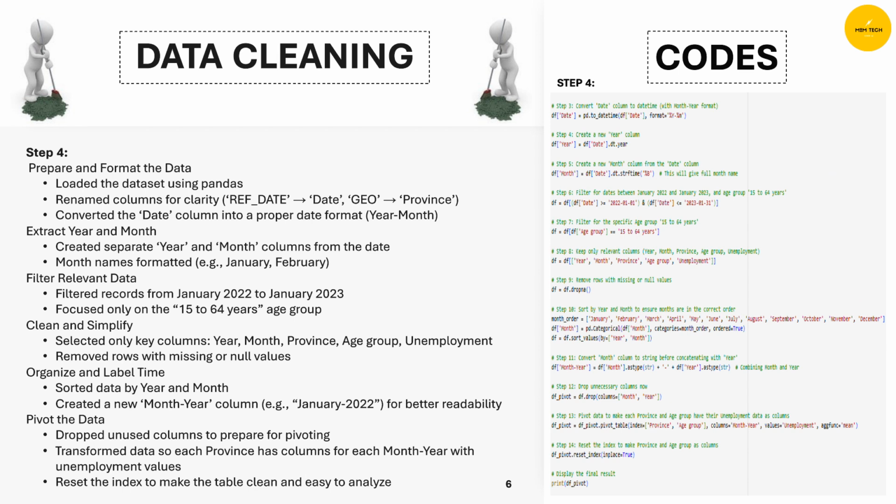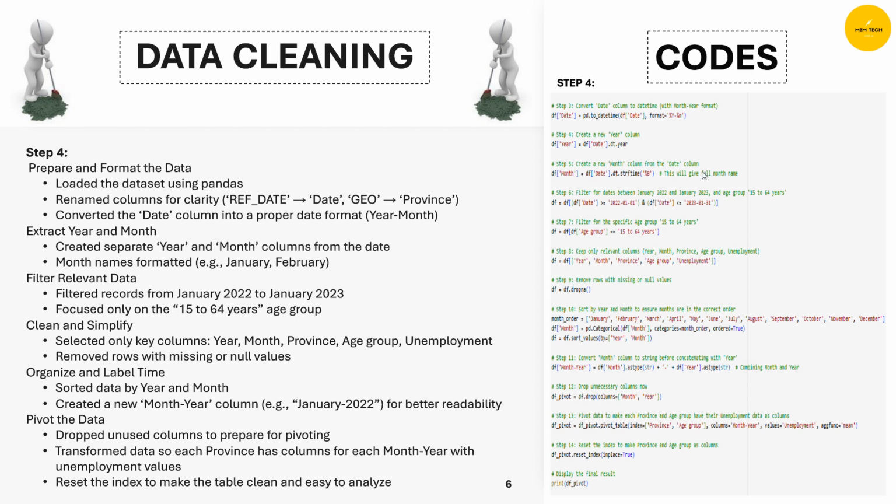After filtering for the relevant data from January 2022 to January 2023 in the 15 to 64 age group, I selected the key columns and removed rows which were missing or had null values. Lastly, I pivoted the data so that each province had columns for each month-year with the unemployment values.